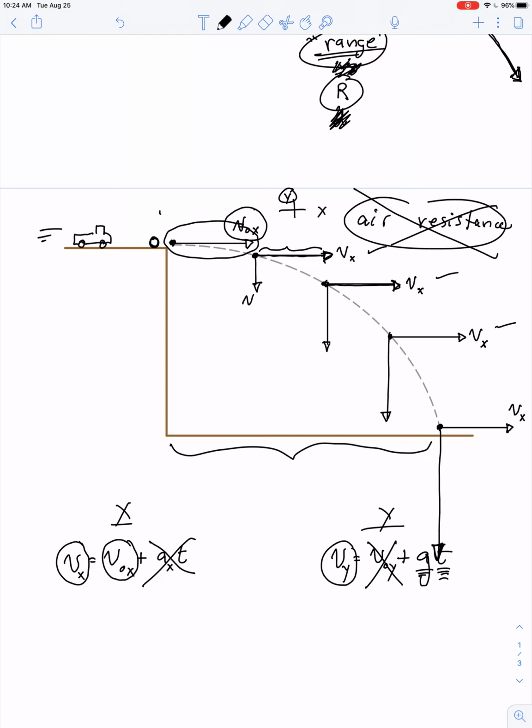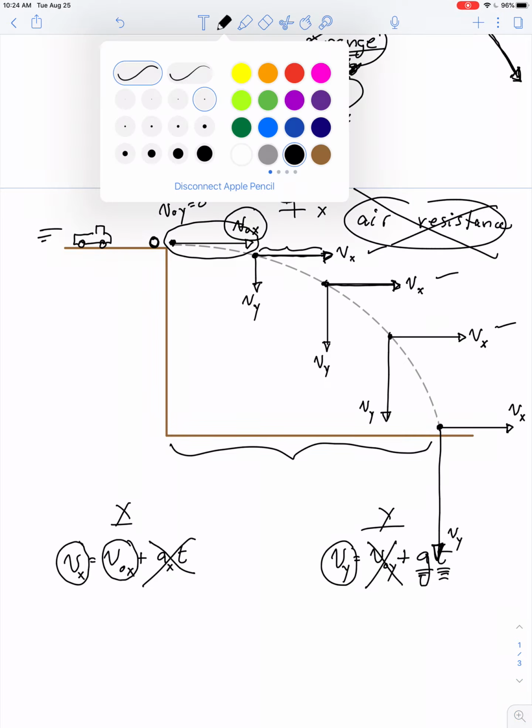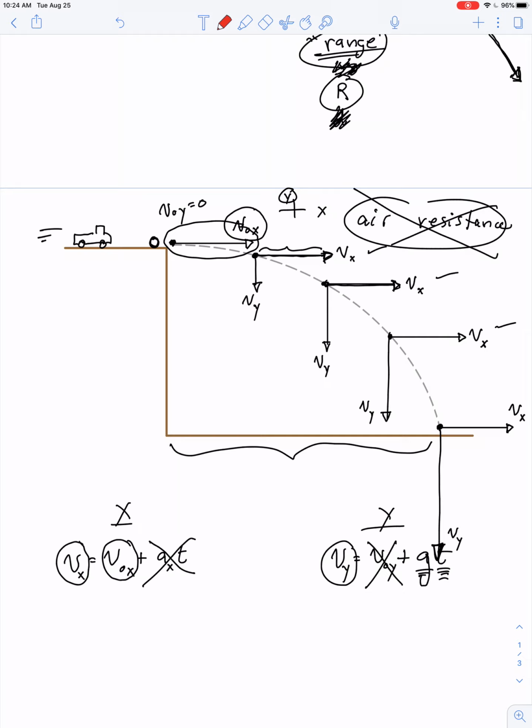So v initial y equals 0, but then at any other given instant in time, vy is becoming longer and longer and longer. So this is what we have. One component of velocity that maintains the same magnitude and another component of velocity that continues to grow. And the result of that is that the overall velocity is those two motions combined at once.